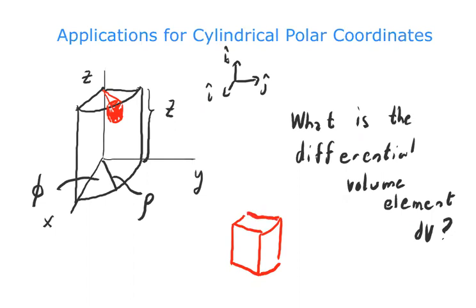If I knew what the length of each of these sides were and just multiplied them, that would give me dV. So what are these? Let me pick the easy one first. This height, here in my coordinate system, with my unit vectors telling me what's going on, this side is simply dz. That's easy.